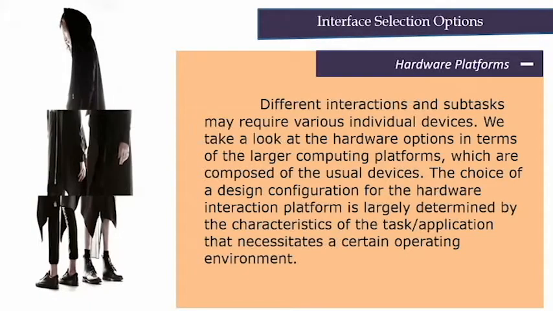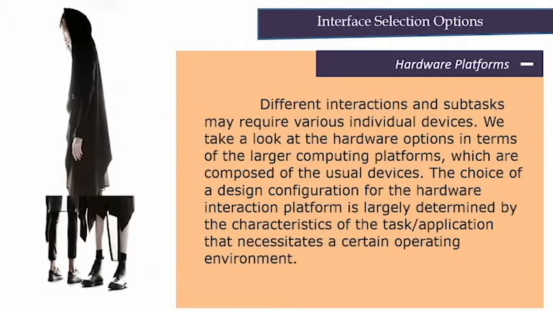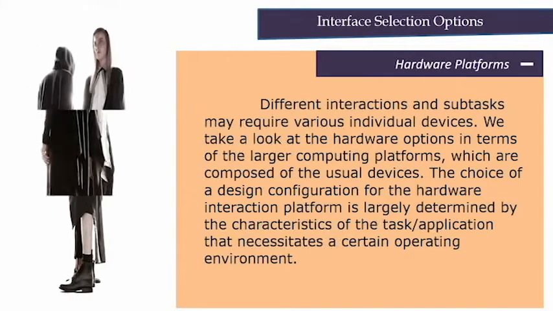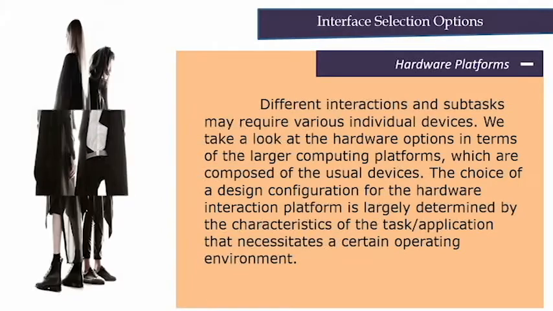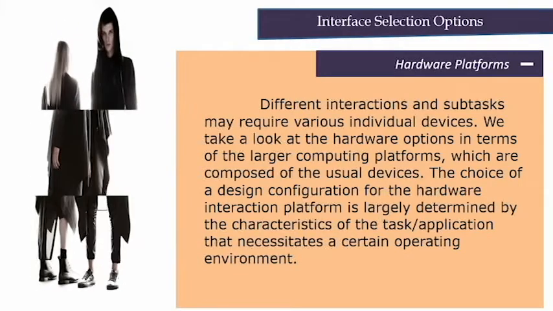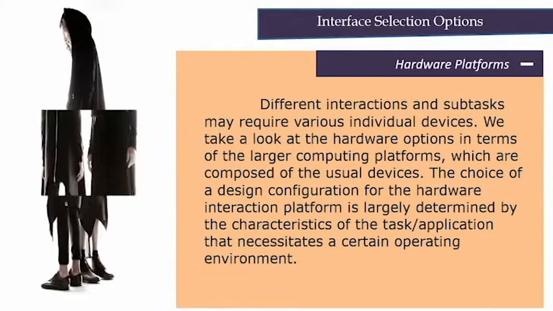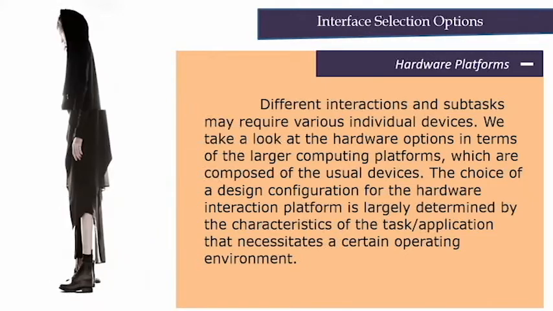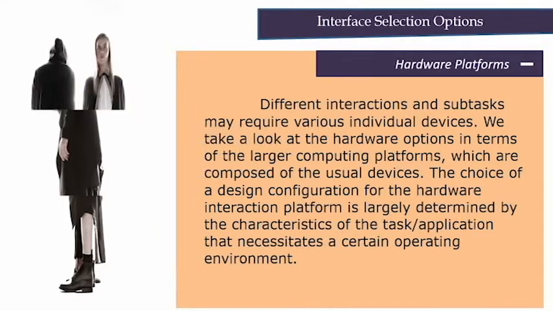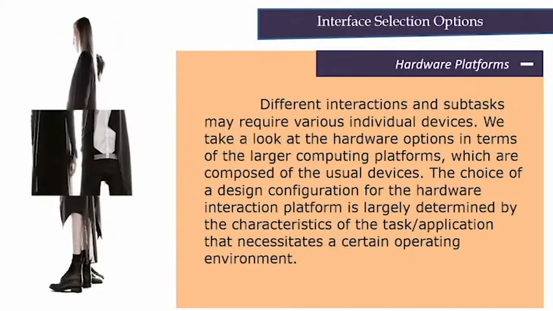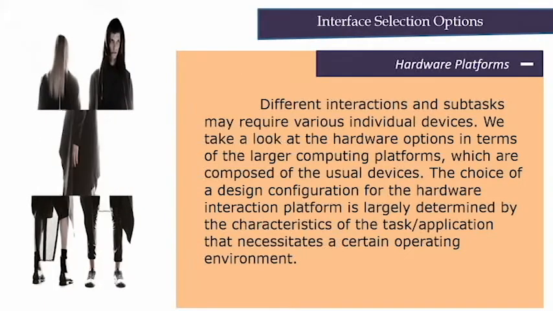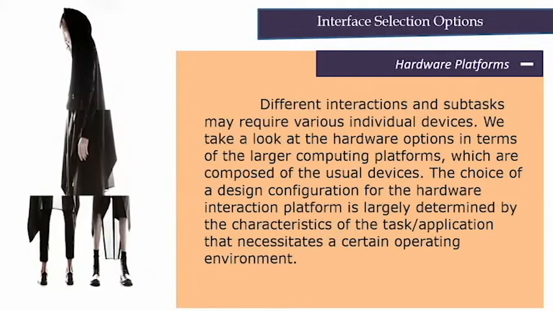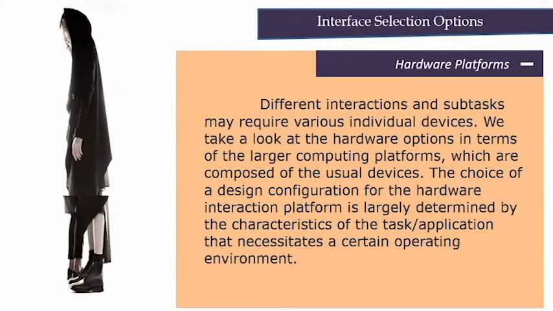So we have here the hardware platforms. Different interactions and subtasks may require various individual devices. We take a look at the hardware options in terms of the larger computing platforms, which are composed of the usual devices. The choice of a design configuration for the hardware interaction platform is largely determined by the characteristics of the task application that necessitates a certain operating environment.